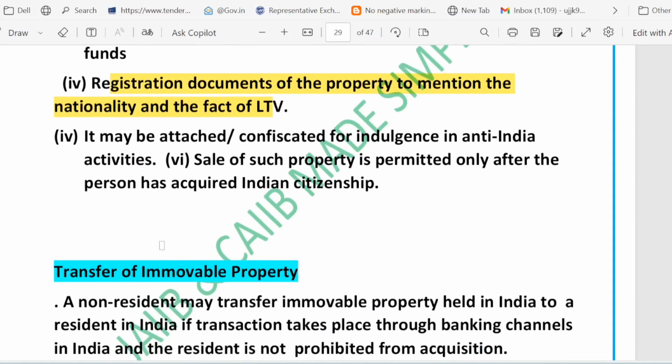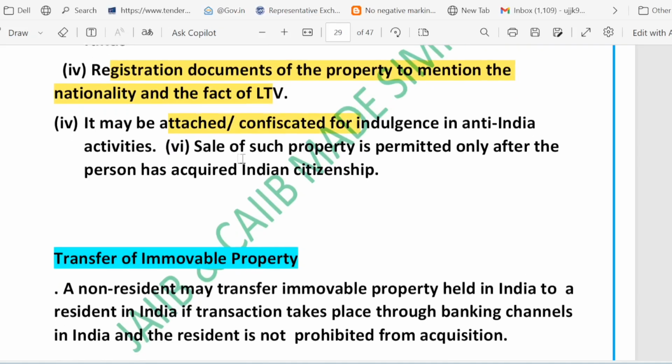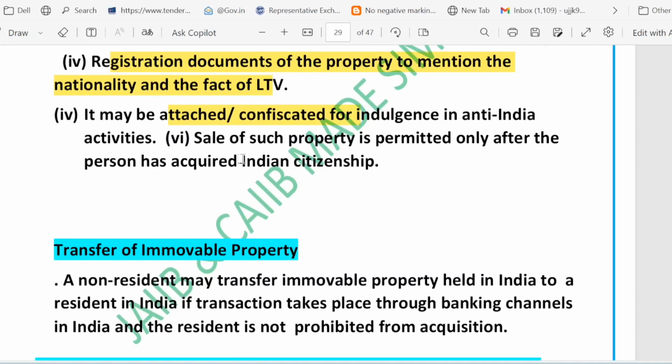The property may be attached or confiscated if the buyer engages in anti-India activities. Selling that property later is allowed only after the person acquires Indian citizenship, or earlier only with the prior permission from the FRO or FRRO.